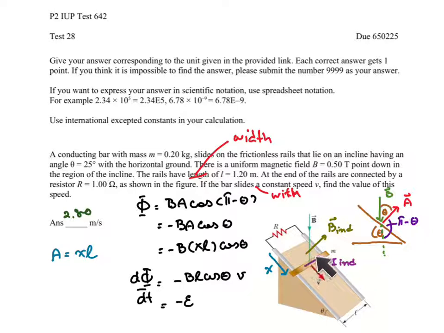We know this because when the bar moves, the flux in this region increases. So the induced current must create an induced magnetic field that opposes the increase of the magnetic flux from the external field.